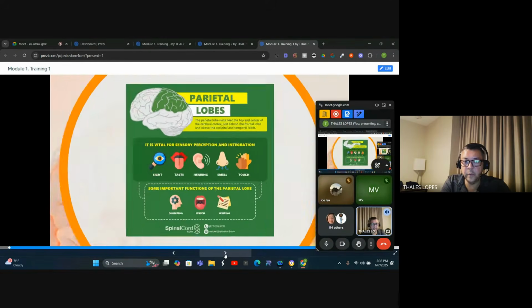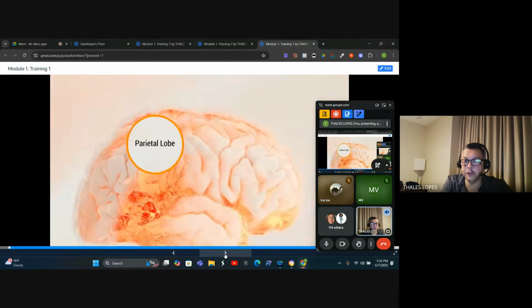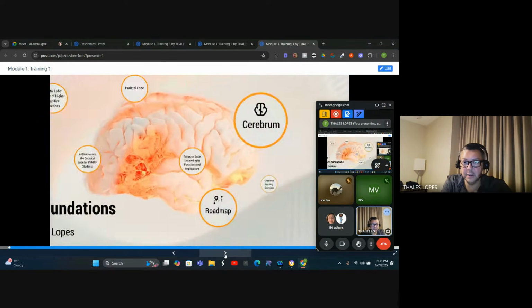So again, if you want a visual cue of the parietal lobe, think of sensory integration. And an important part of the parietal lobe, more like writing and reading, is high yield, and the clock drawing test. Okay.